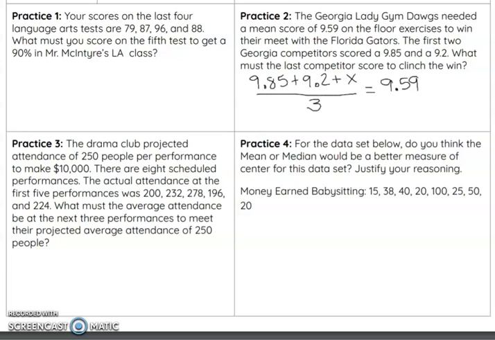So I would take the average I need, 9.59, multiply it by the 3 competitors, and that gives me that I need a total amount of 28.77.